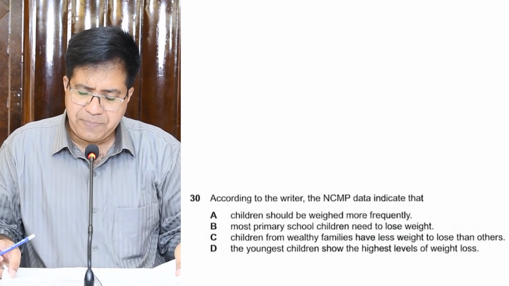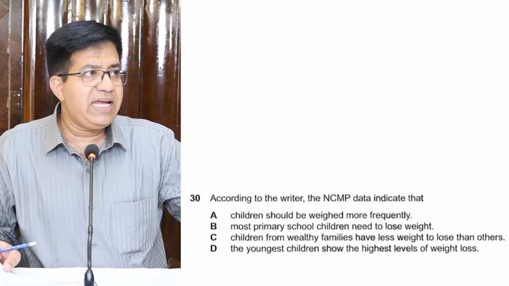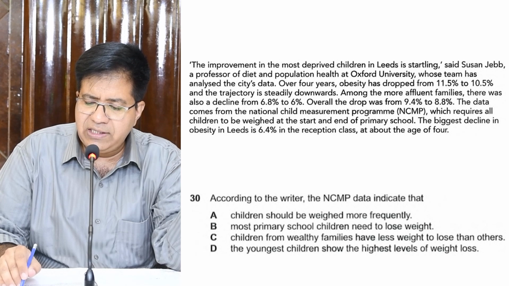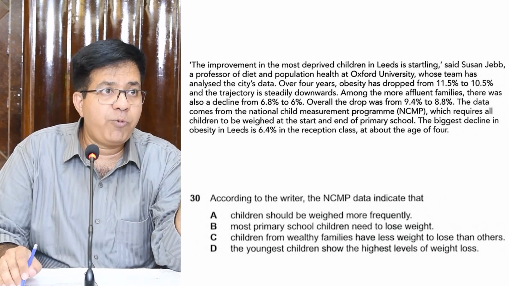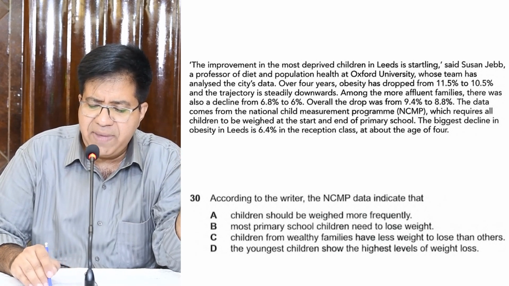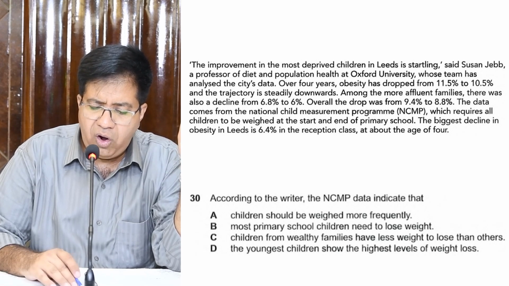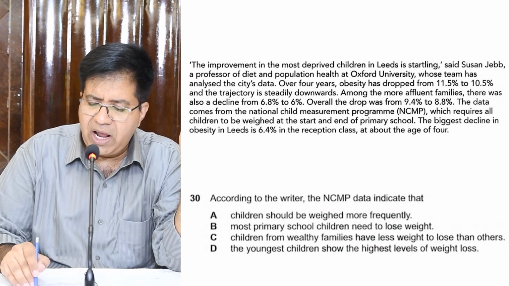Okay, NCMP we have in second paragraph, and we are going to see what is it that the data indicates. Okay, I'm reading it from fourth last line after 8.8%. Found it? 8.8%. The data comes from National Child Measurement Program NCMP, which requires all children to be weighed at the start and end of primary school.